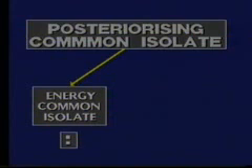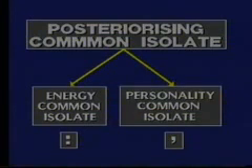One is energy common isolate and the second one is personality common isolate. The energy common isolates are attached to the host class with the help of colon, and the personality common isolates are attached to the host class with the help of comma.